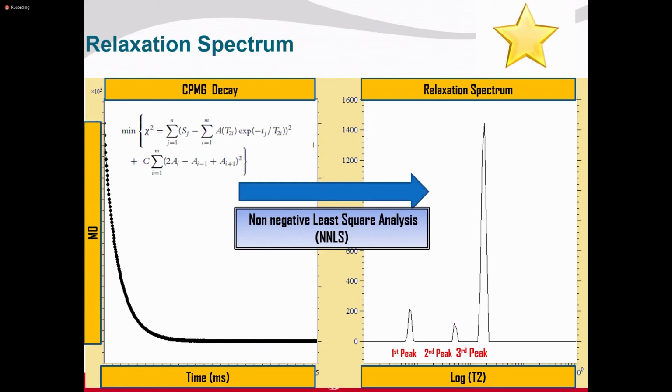If you apply a T2 experiment and then apply this transformation, you will obtain two peaks coming from oil and water. But why is this the case? Because oil and water have different relaxation times.